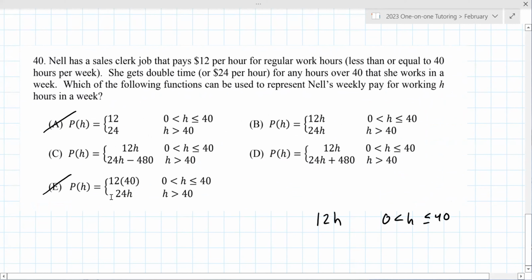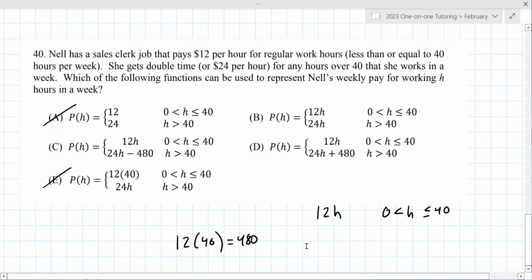Okay. But then it comes down to, well, what's the other one? So we talked about calculating 12 times 40, that endpoint, which is 480. If you remember that from a couple of weeks ago. So then you take your pay rate, but it's not for every hour you worked. It's only the hours you worked over 40. And so you always subtract out the offset, or that base amount, plus the 480.